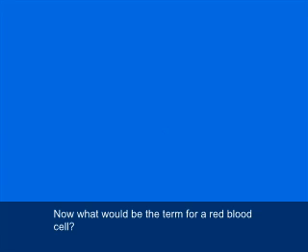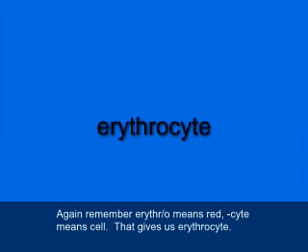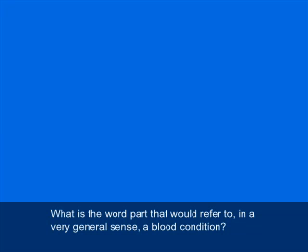That's going to be an erythrocyte, ERYTHROCYTE. Again, remember, erythro means red, cyte means cell, gives us erythrocyte. What is the word part that would refer to, in a very general sense, a blood condition? Well, that would be crazy, or crasia, -CRASIA.